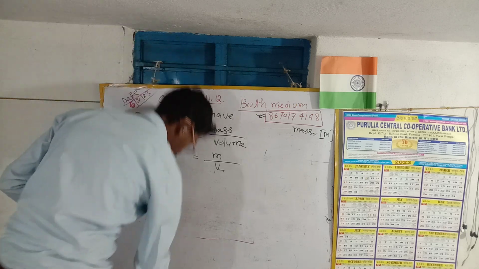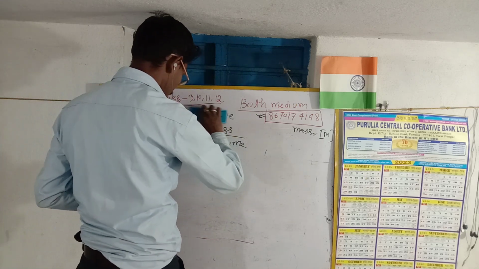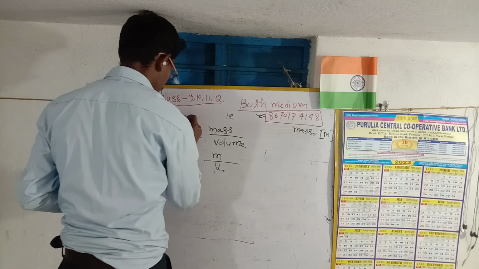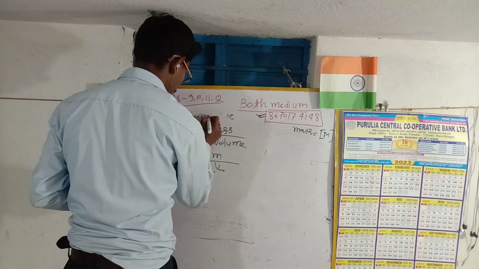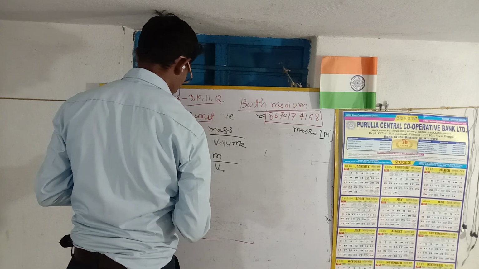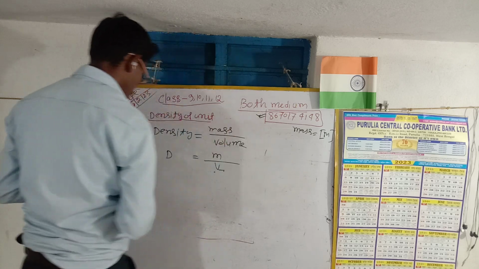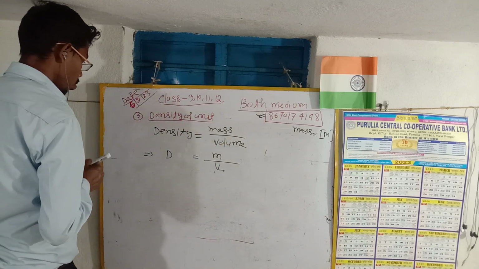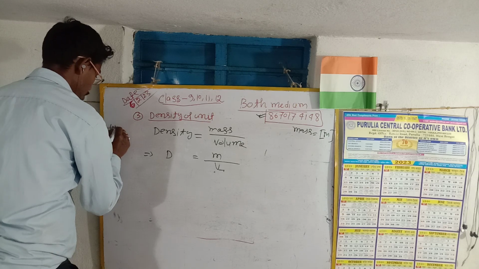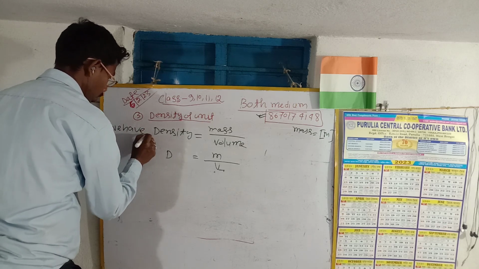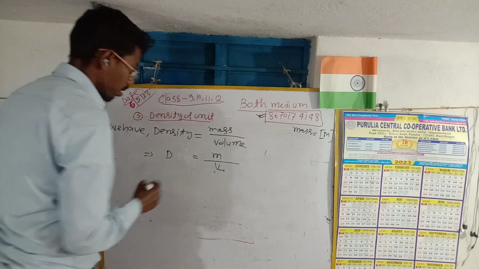Unit of density. We have density equal to mass per volume.